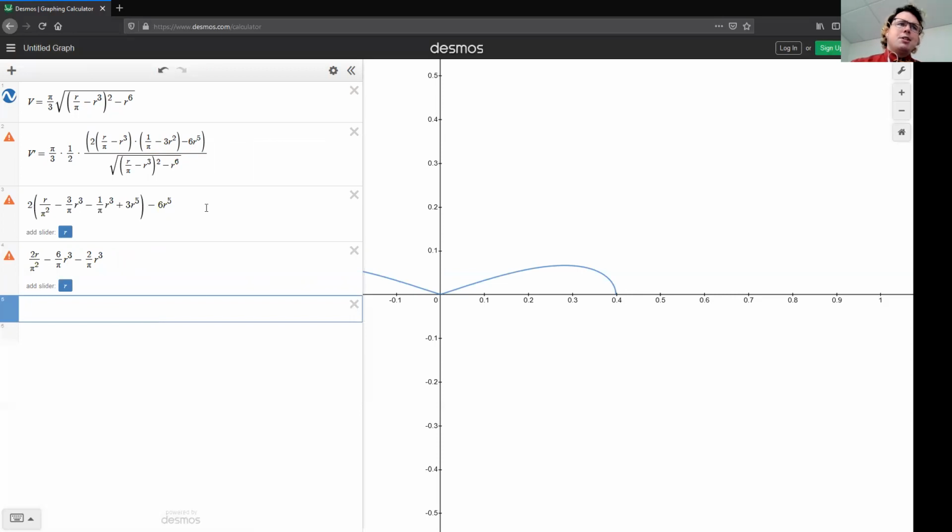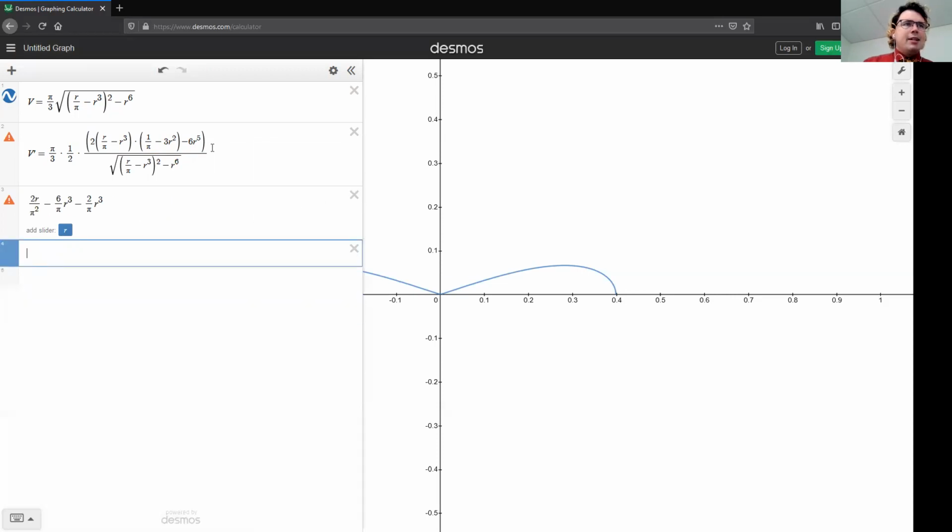So what is this? It's just a cubic. Now, when can this cubic polynomial be equal to 0? I notice that all of my terms are powers of r, and the smallest power of r is r to the first. So I can definitely factor out an r.